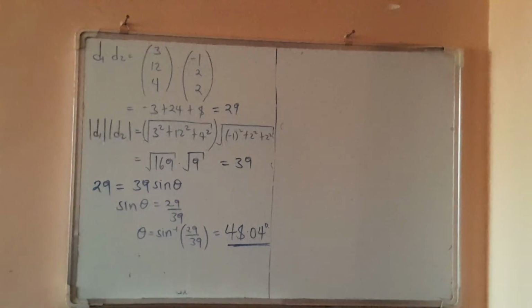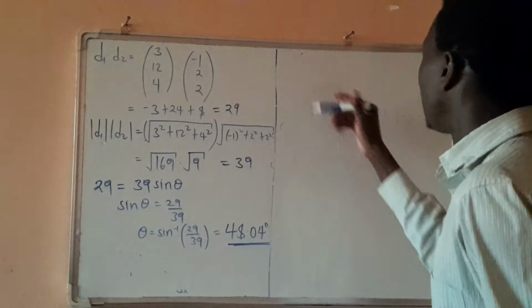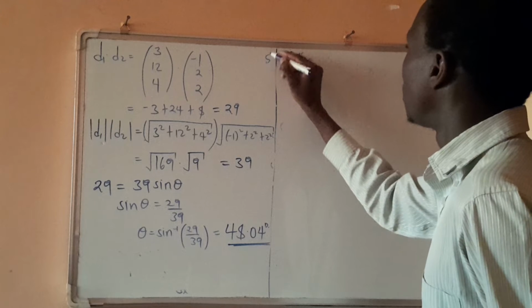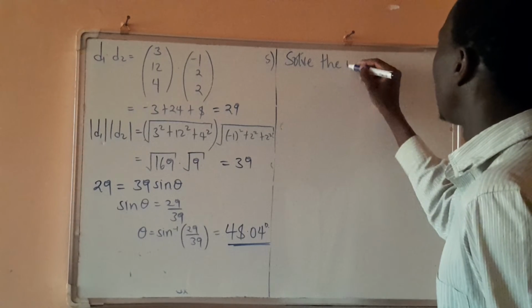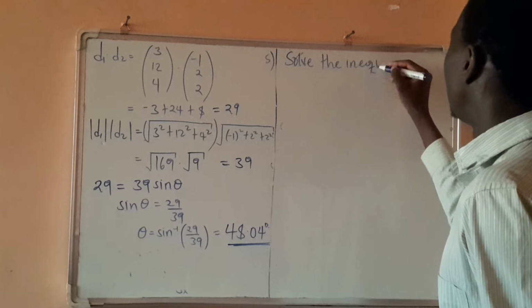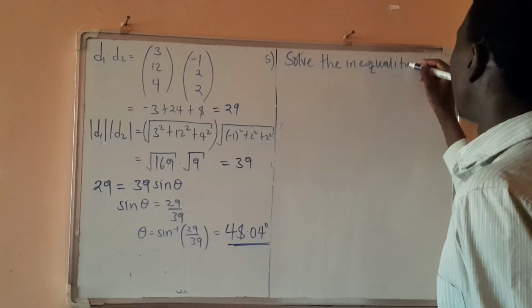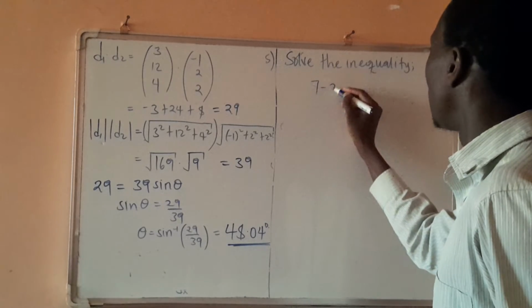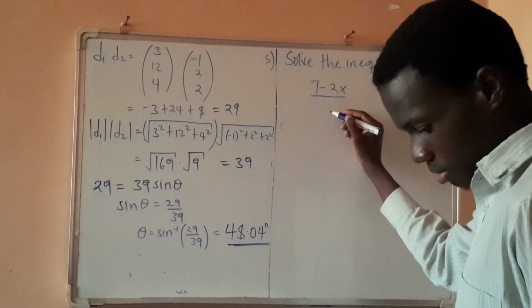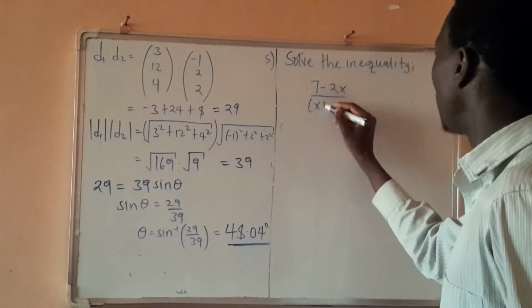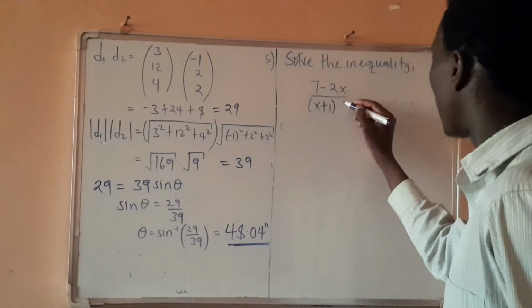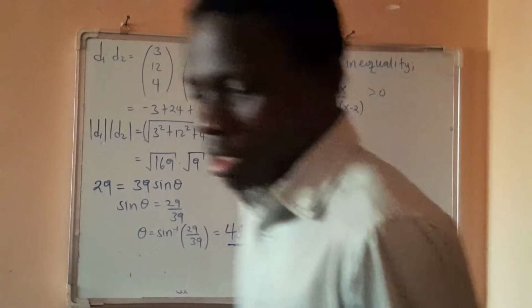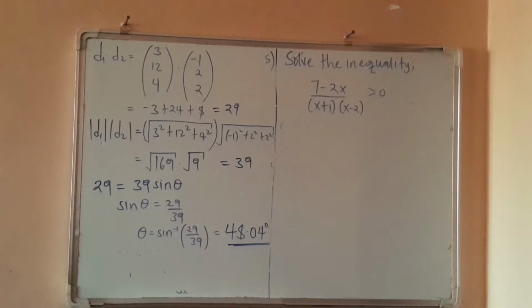So question 5, solve the inequality (7 minus 2x) over (x plus 1)(x minus 2) greater than 0.